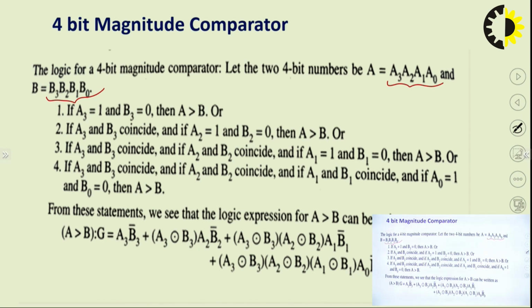Similarly, for the equal cases, as we did earlier, the XNORs are concerned. So what we can do is write the table and draw the references.